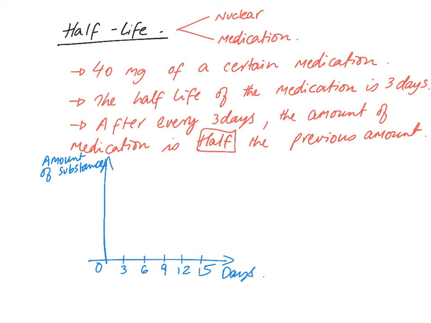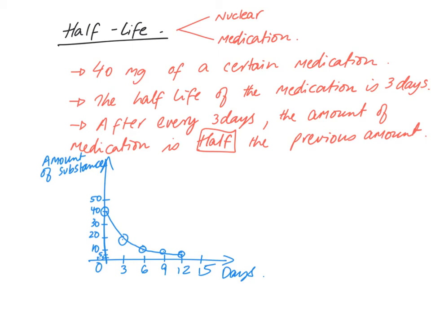Right, let's work till here. And then we've got 40 mg, so let's go 10, 20, 30, 40, and so on, right? So we've got this. Now we've got this graph for half-life.